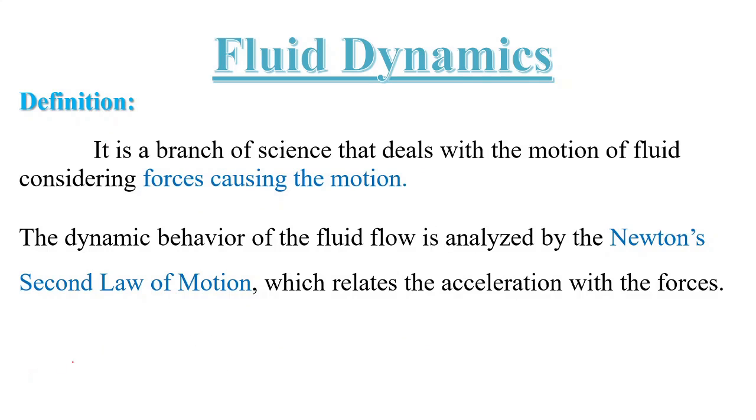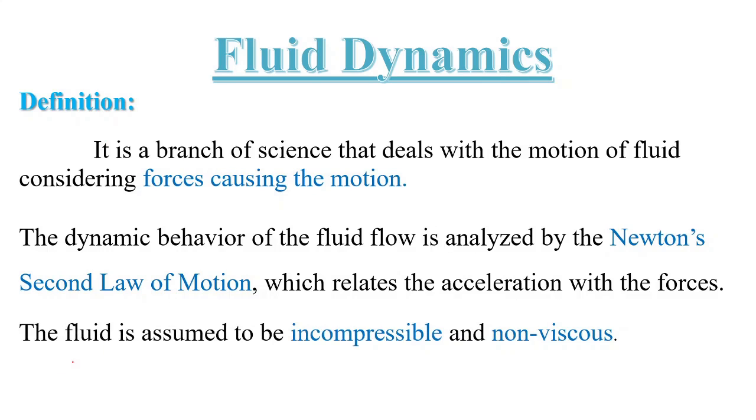Now, the fluid is assumed to be incompressible and non-viscous. Here we will assume the fluid to be incompressible and non-viscous. If the fluid is assumed to be incompressible, what are the criteria? If it is non-viscous, what are the criteria? We already studied that in the fluid kinematics part.